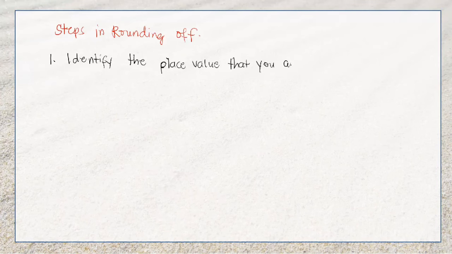Number 1, identify the place value that you are going to round off. Next, number 2, identify the digit of the given place value.